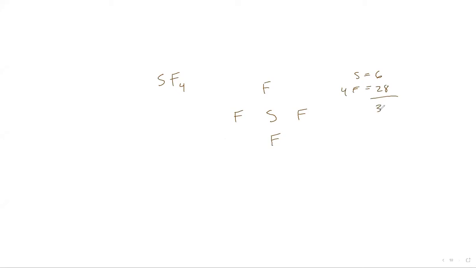So we have 34 valence electrons. Make the bonds. That's 8. Complete the octets. So I've used 8 times 4 is 32. I have 2 more electrons.